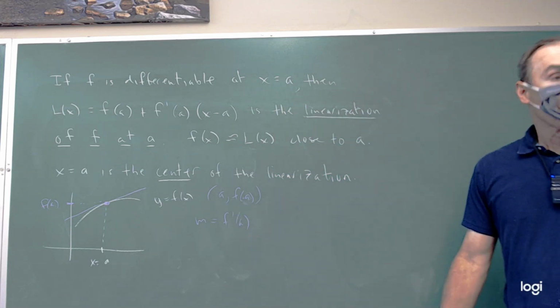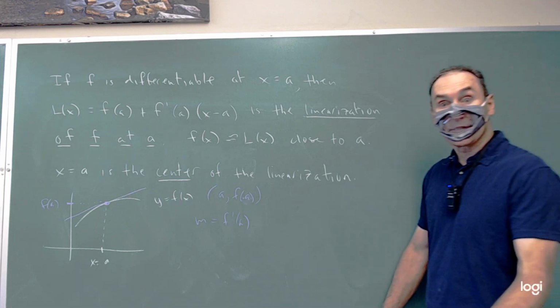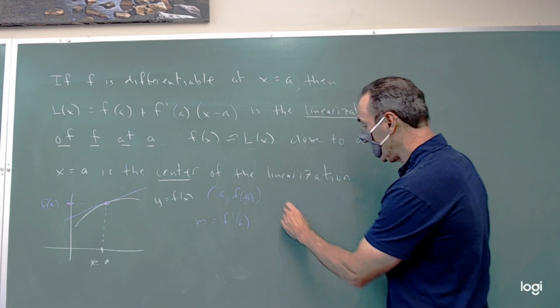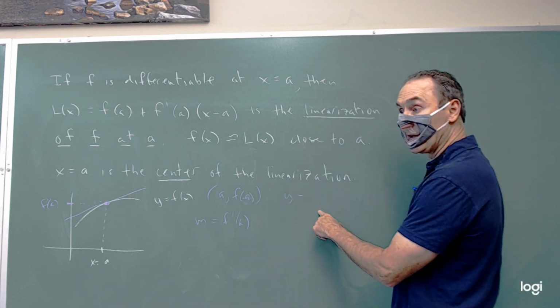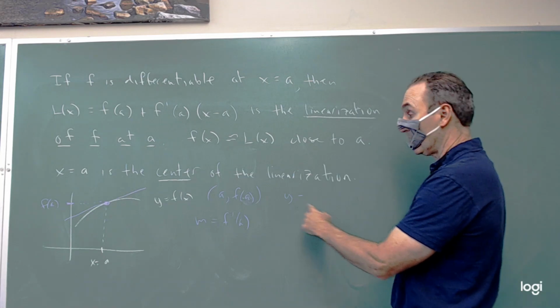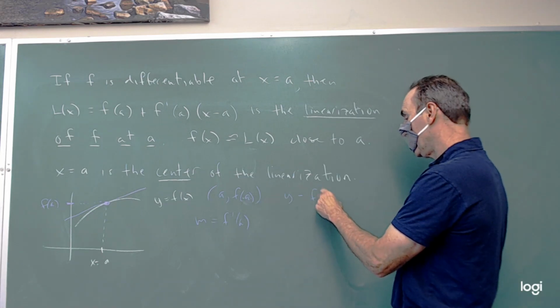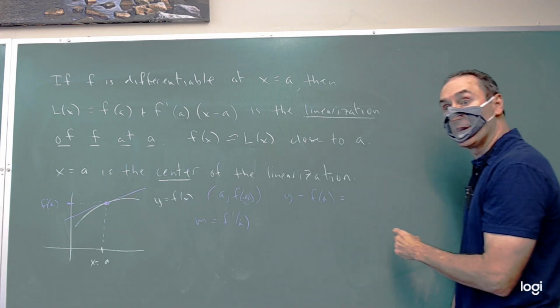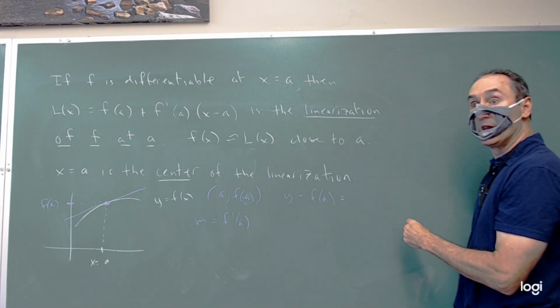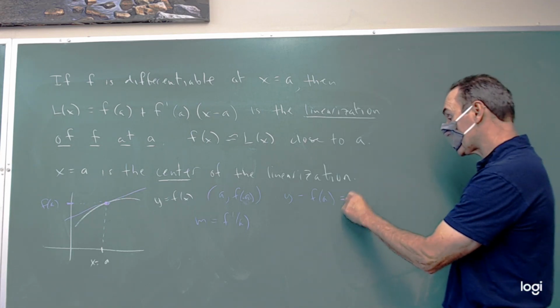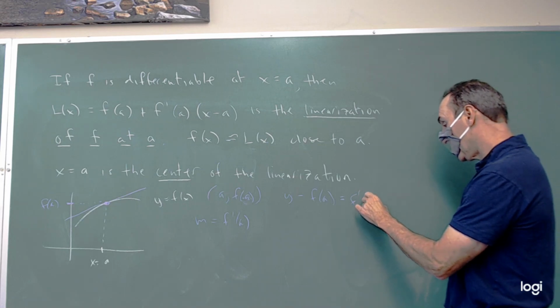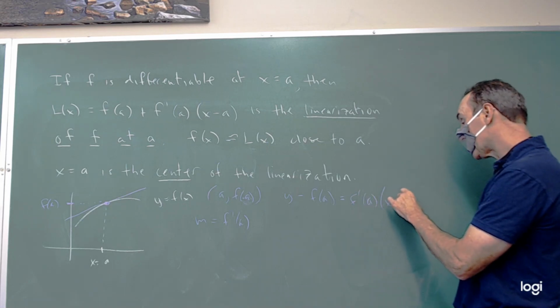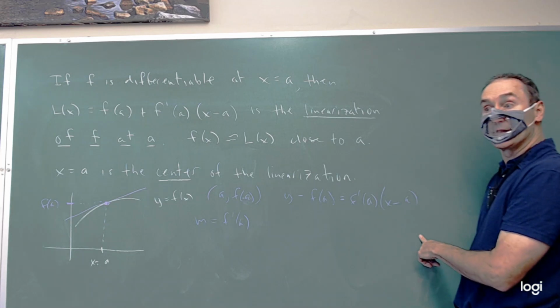Okay? So the tangent line in point slope form is going to be y minus f of a, good, is equal to f prime of a, because that's our slope, times x minus a, there's our point slope form. See it?